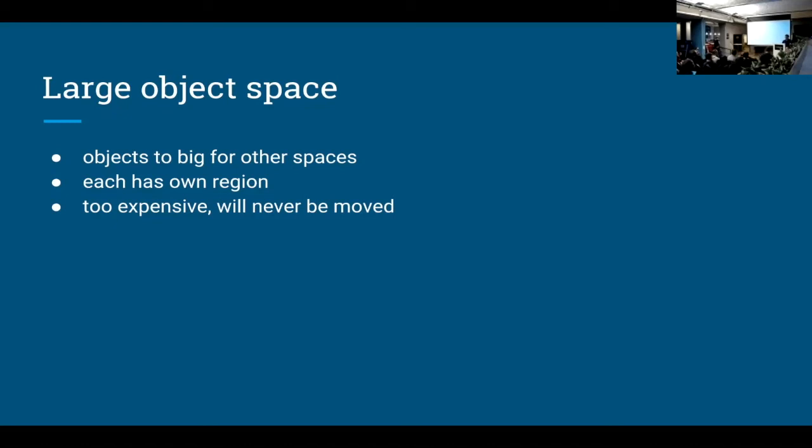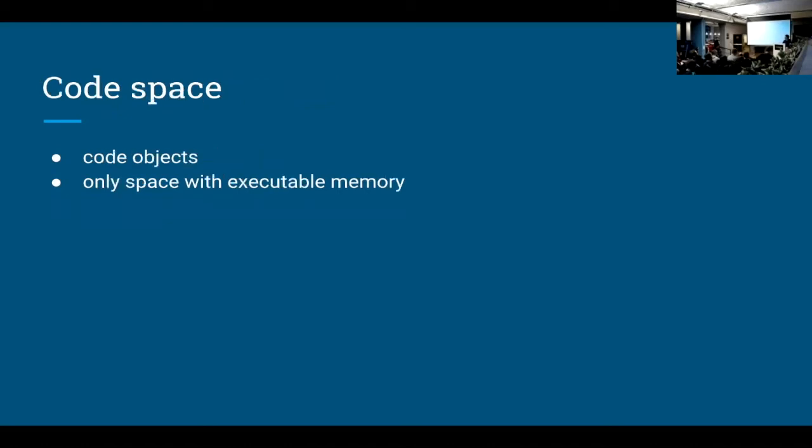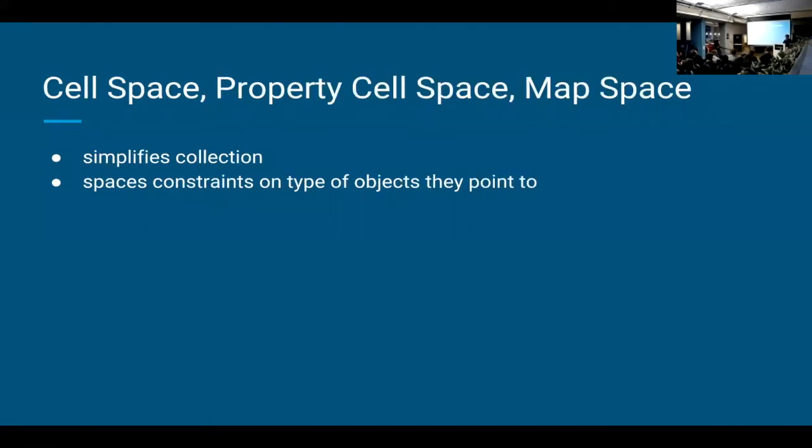Also, the garbage collection creates its own memory space, so those objects are really memory intensive. The code space holds everything that has code inside it. It's just a special heap. It doesn't differ from the pointer space, the map space, cell space, and property space.